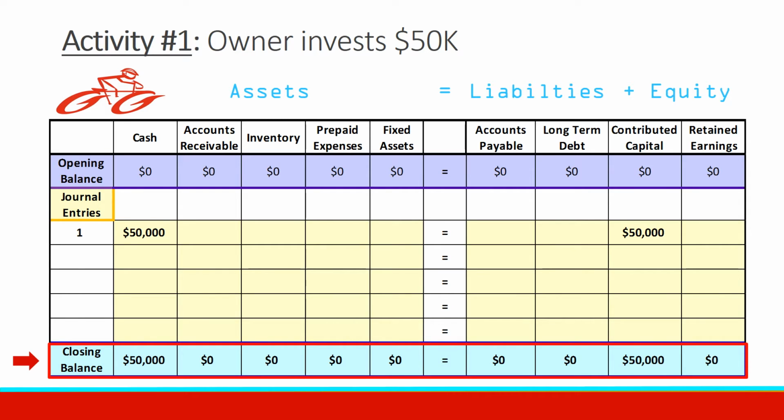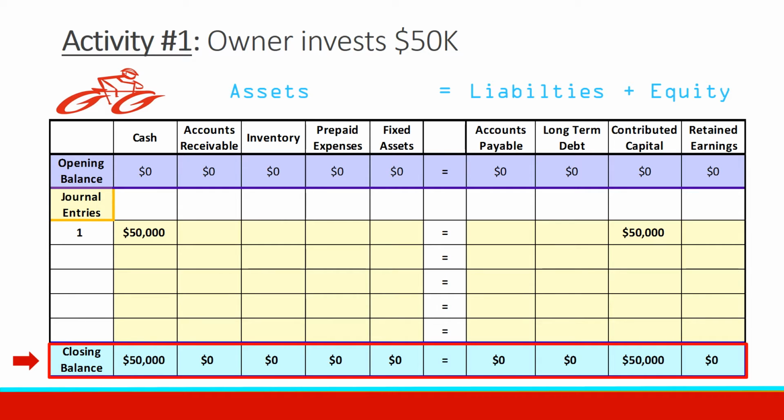So if we look now at the resulting effect of journal entry number 1, we can come down to the closing balance at the bottom of the page. What we can see now is that cash has increased from 0, which was the opening amount, to a new closing amount of $50,000. Look on the other side of the equation, and we can see that contributed capital similarly started at 0, had a journal amount of $50,000 added to it, and now has a closing amount of $50,000.